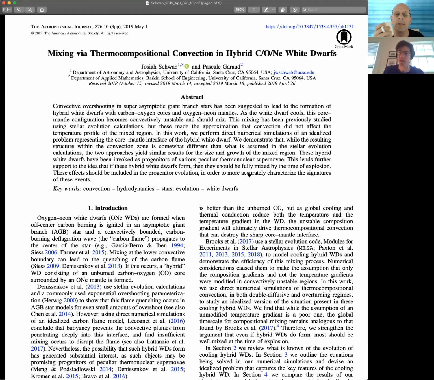And what happens is that the white dwarf that forms is still a carbon-oxygen core, and it's surrounded by an oxygen neon mantle where this carbon burning process has completed, but due to some process like convective mixing messing up the burning front, you've stopped that and you've left what in this paper's title is referred to as a hybrid carbon-oxygen neon white dwarf, a carbon-oxygen core surrounded by an oxygen neon mantle.